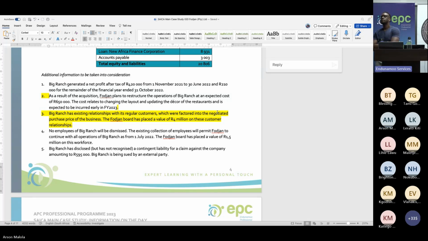So wherever I possibly land on that 4 million, I would conclude that you would want to get an independent person to evaluate it, because they're telling us that the board is the one that has placed the value of the 4 million. So if there's a belief that there is a fair value, then they should get an independent person to value that customer list, provided that there is a relationship.